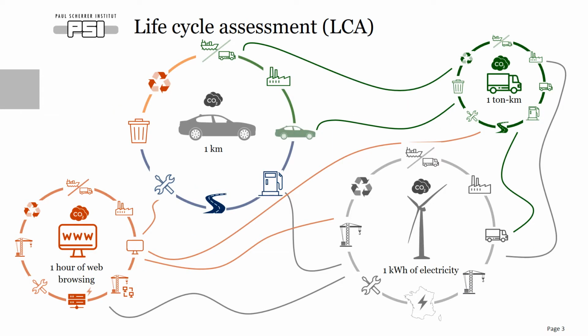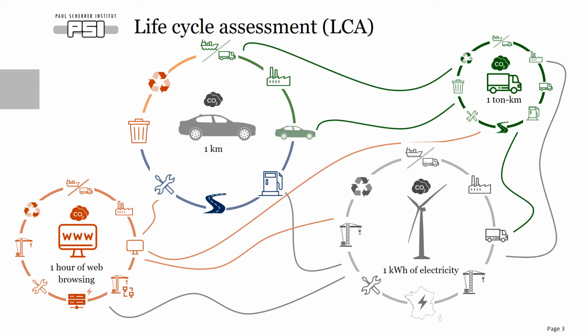The description of the life cycle of a passenger car I've just given you was somewhat simplified. In reality, in order to assess the life cycle performance of a passenger car, you need first to assess the life cycle performance of all the goods and services that are directly or indirectly involved with the life cycle of a passenger car.